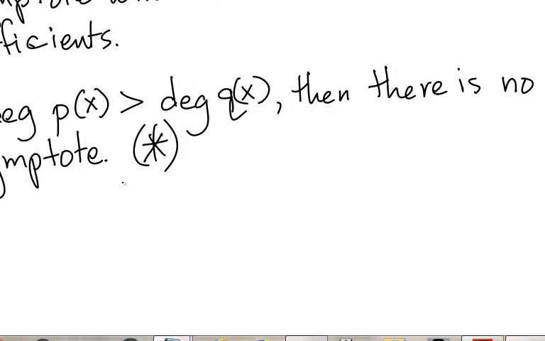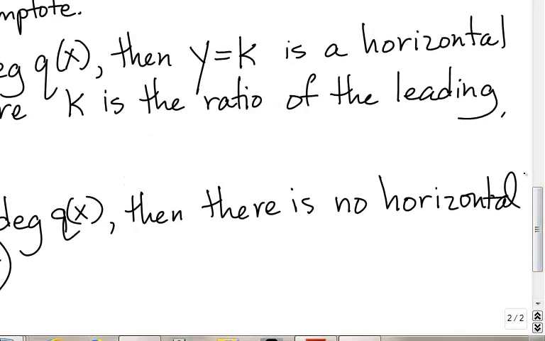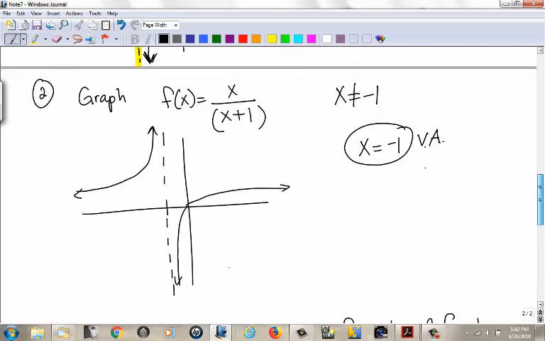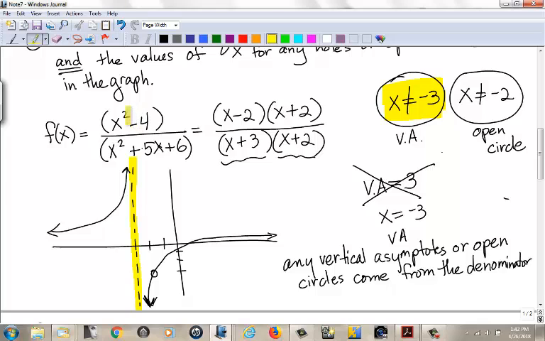Okay, so let's go back for a minute. It says if the degrees, let's do this one first. If the degrees are the same, y equals k is a horizontal asymptote. Go back up to this first problem. Look at the degree.